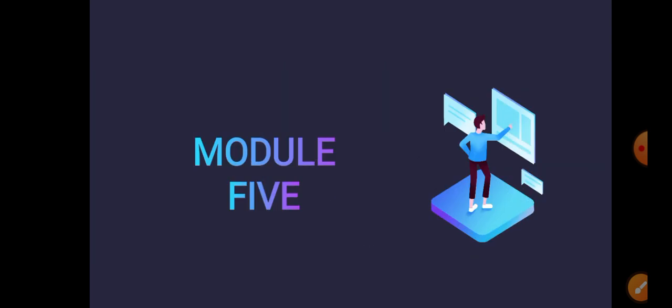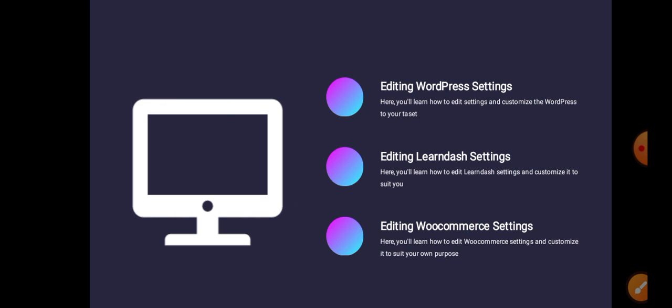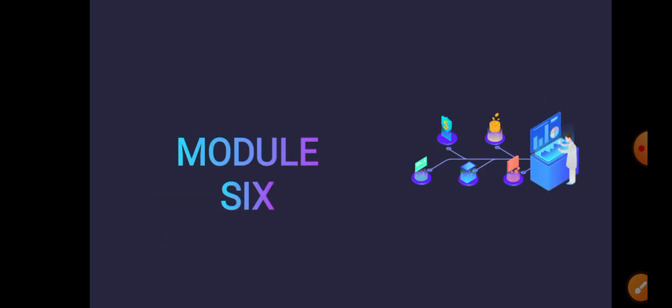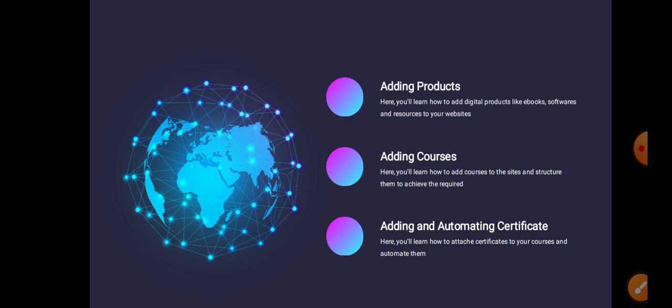Then in module 5, you are going to be learning about how you can edit settings, such as the WordPress settings, the LMS settings, and then the WooCommerce settings, so as for you to be able to optimize the website.